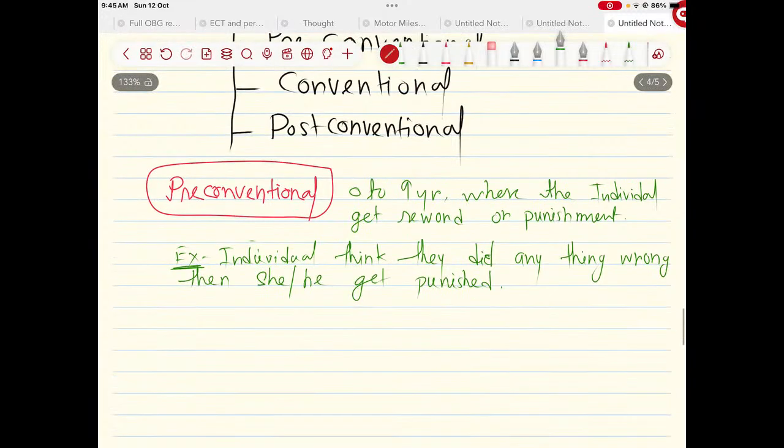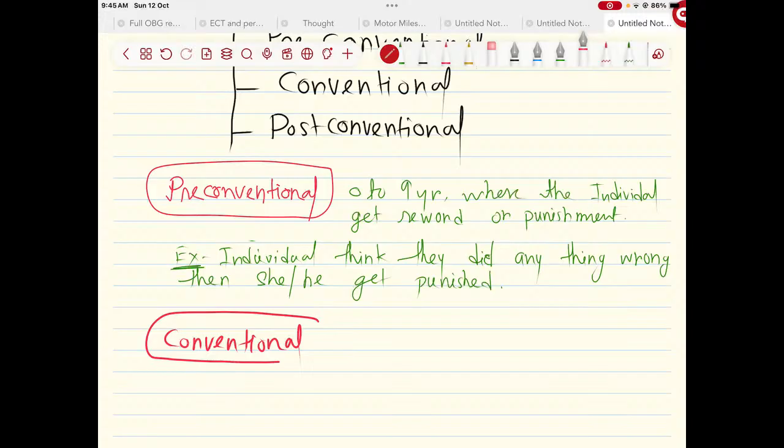Okay, pre-conventional done. Then the conventional: what is it? Bad boy and good boy. The main thought of conventional is adolescent to adult.